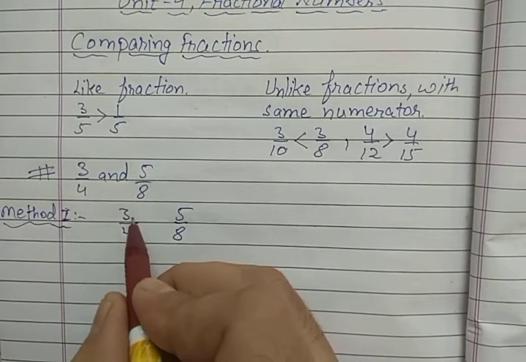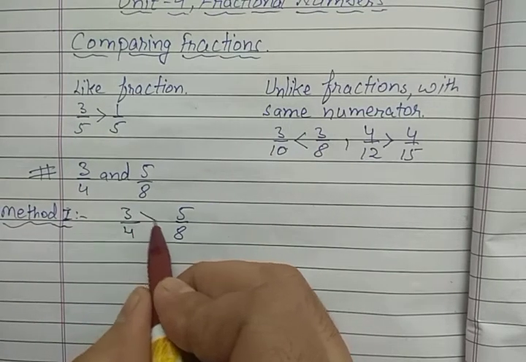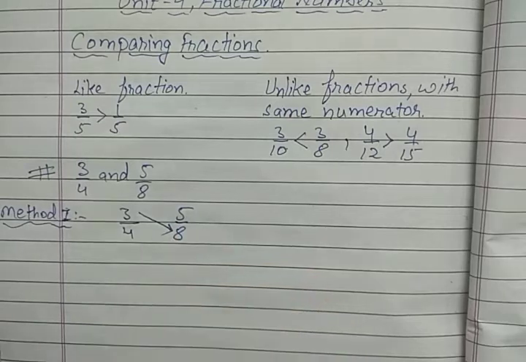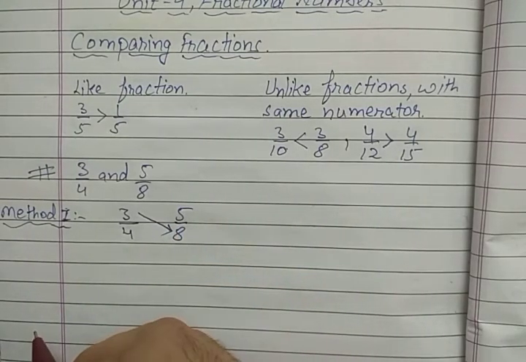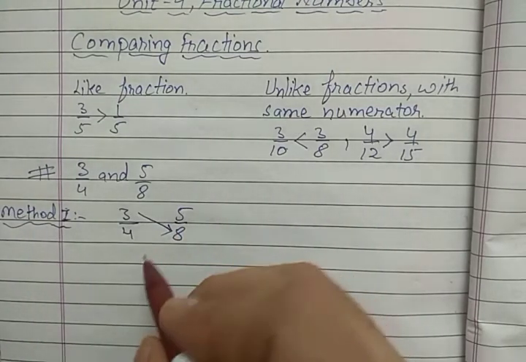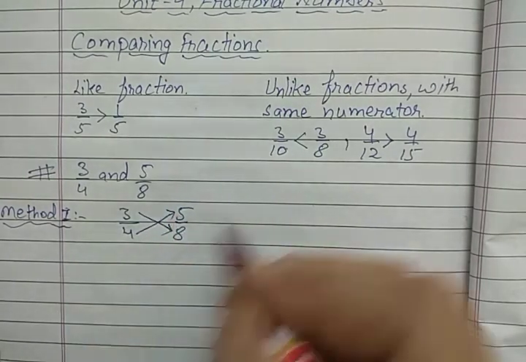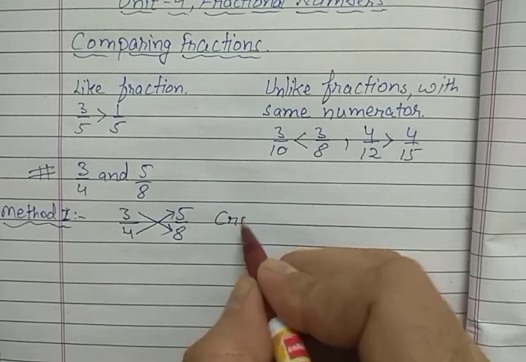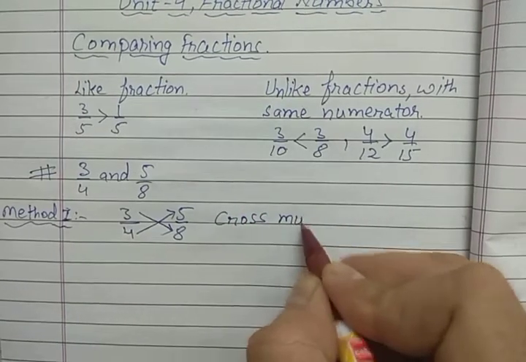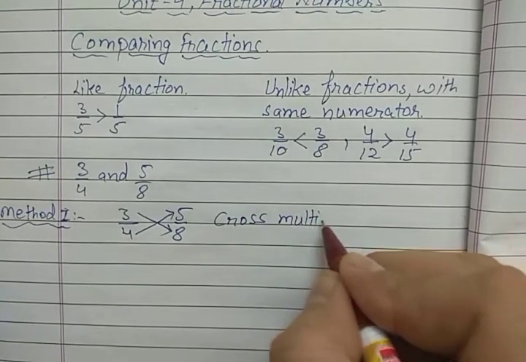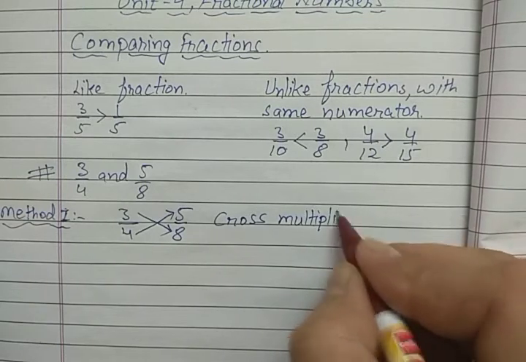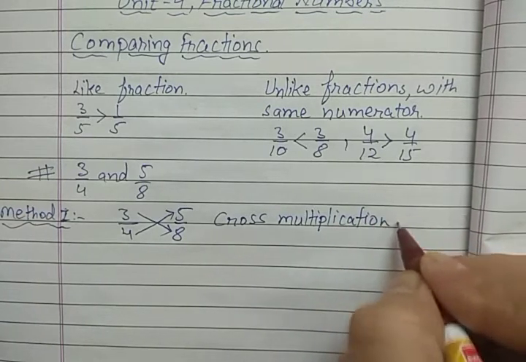Here what we have to do is multiply the numerator of the first fraction with the denominator of the second fraction, and cross multiply the denominator of the first fraction with the numerator of the second fraction. We will do the cross multiplication.